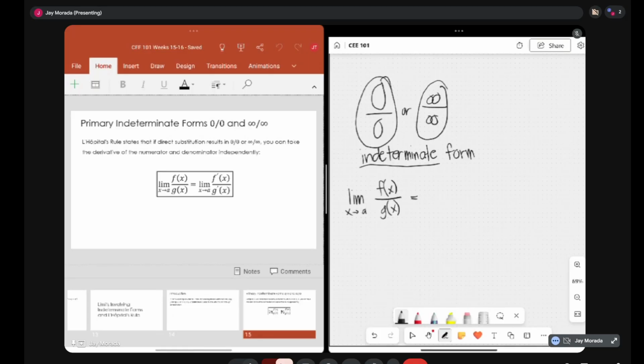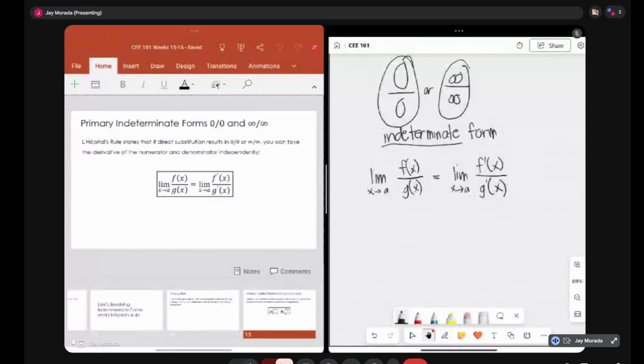The limit is still there, but the numerator is differentiated separately, and also the denominator. You don't use the quotient rule; if you use the quotient rule, you're already dead. You differentiate the numerator and denominator separately.